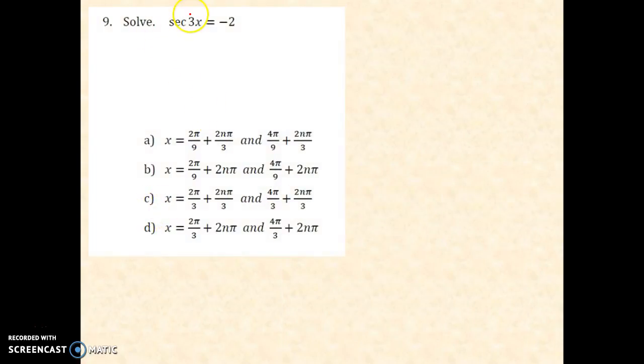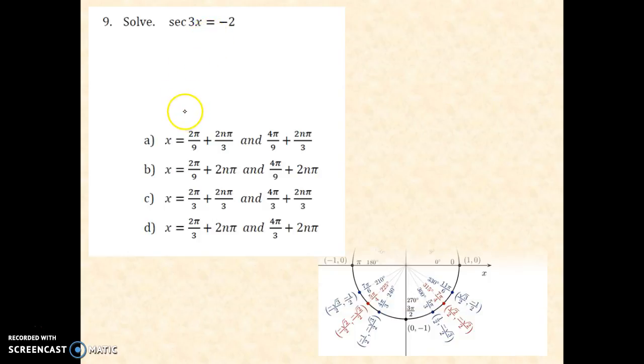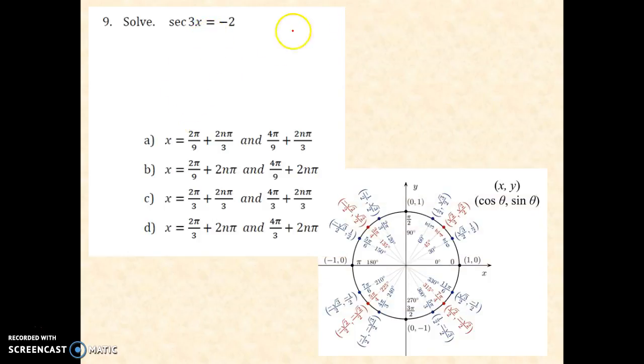Secant of 3x equals negative 2. So we need to figure out when secant equals negative 2. So when does secant equal negative 2? Well, what is secant? Secant is 1 over cosine.